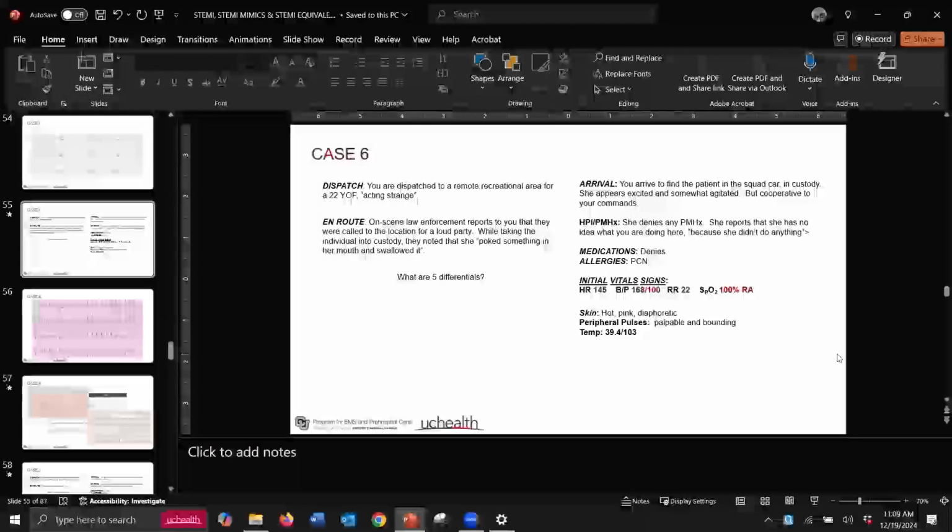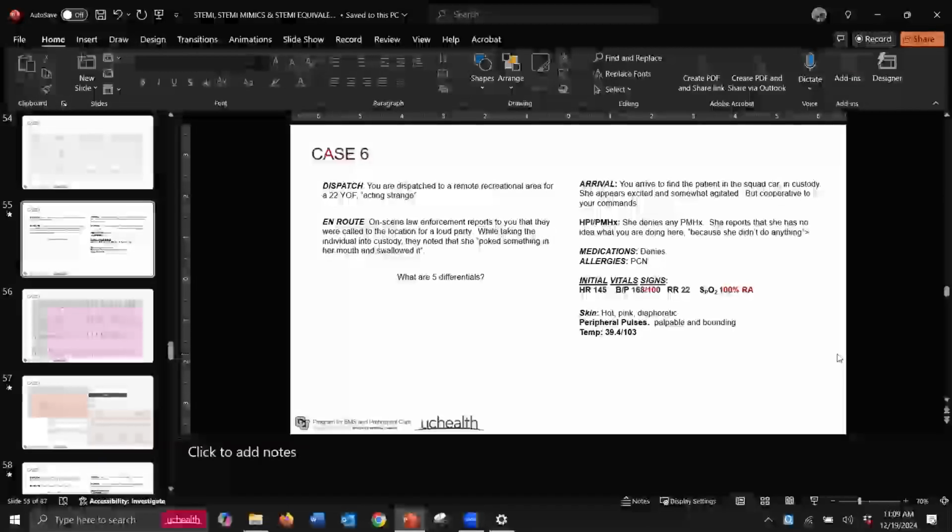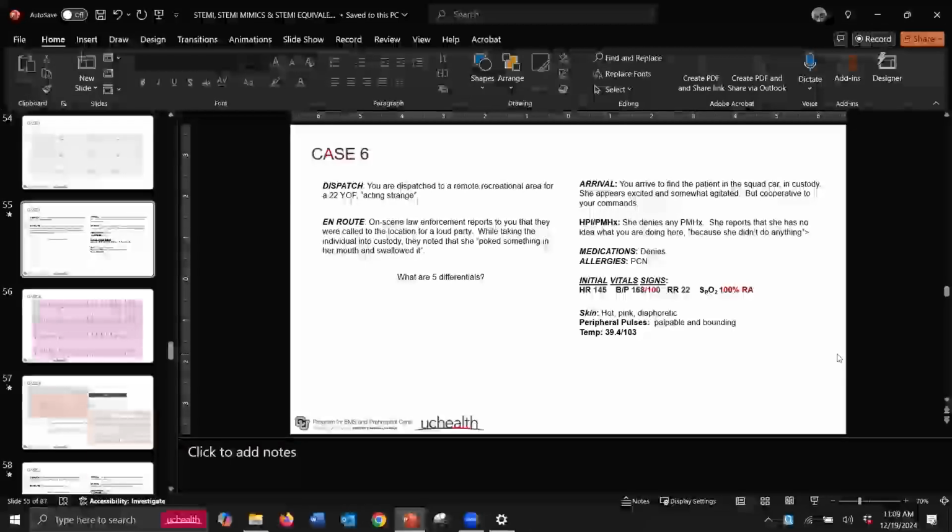She appears excited and somewhat agitated, but cooperative to your commands. She denies any past medical history. She reports that she has no idea what you were doing here because she didn't do anything. No medications, allergies to penicillin.